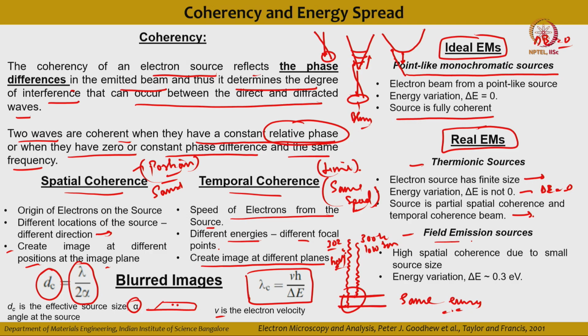By using field emission sources, you will have very high spatial coherence, which is related to your position, due to the very small source size. You will have a tip size of almost 10 nanometers, so it is a very small tip, and your energy variation is as low as 0.3 electron volt.